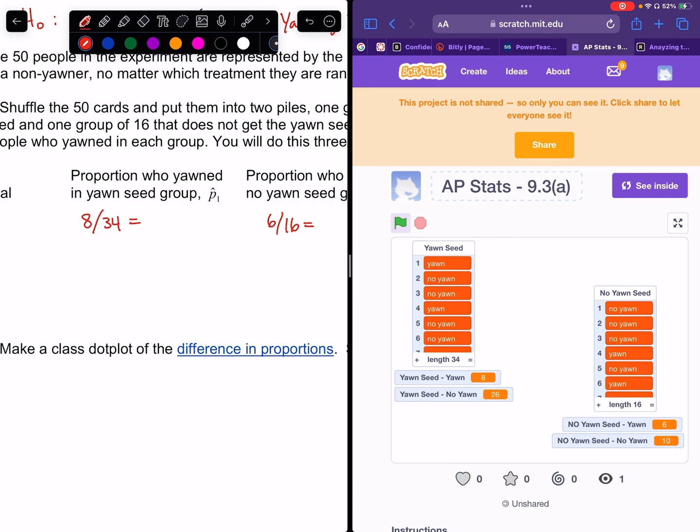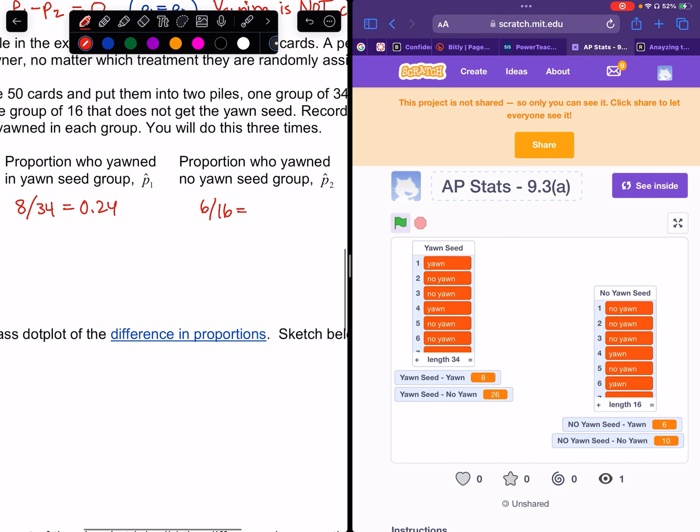8 divided by 34 gives me 0.24 if we round up. Mine says 0.235, so we'll round up to 0.24. And then 6 out of 16 is 0.38.